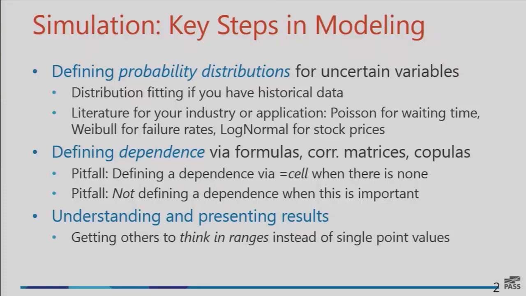Now, a pitfall that you want to avoid is introducing a dependence when there isn't one. Say you have two completely independent sources of uncertainty, but they're both being modeled by, say, normal distributions. So you've got a normal over here in your cell, or a risk normal if using @Risk, or something like that. And you say, well, that's in A1, and so over in C1, I also need that same thing, so I just say equals A1.